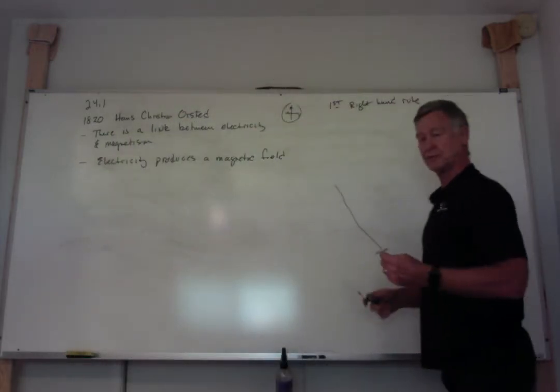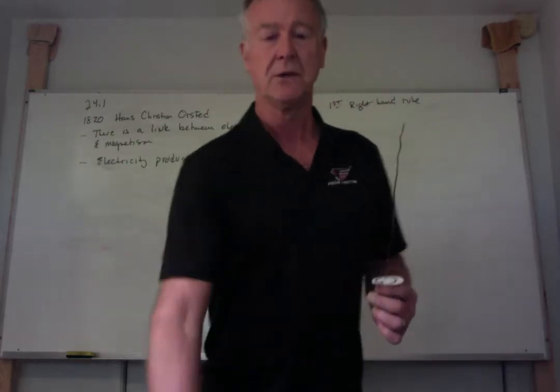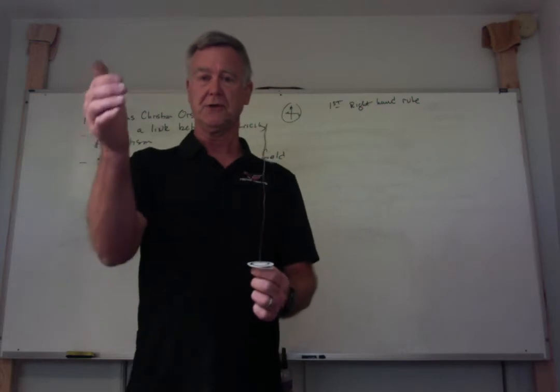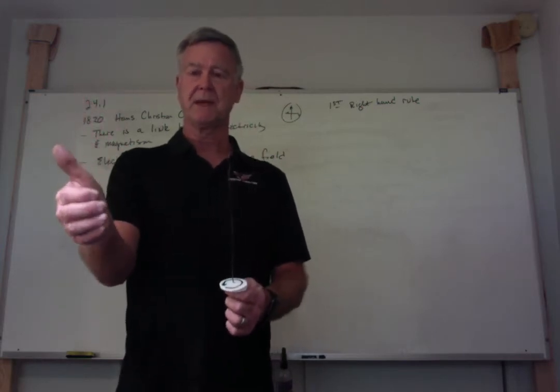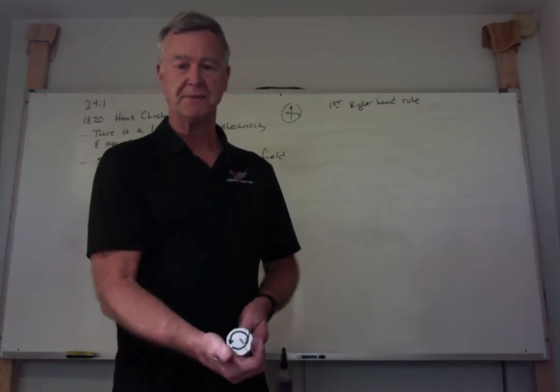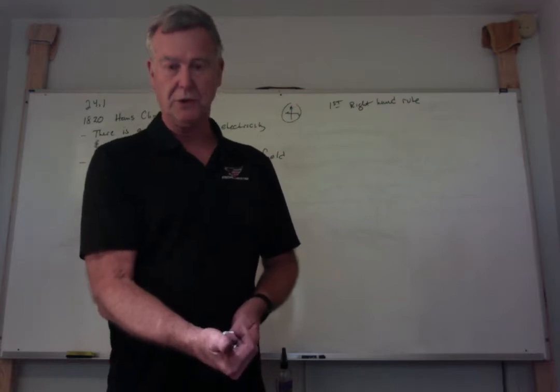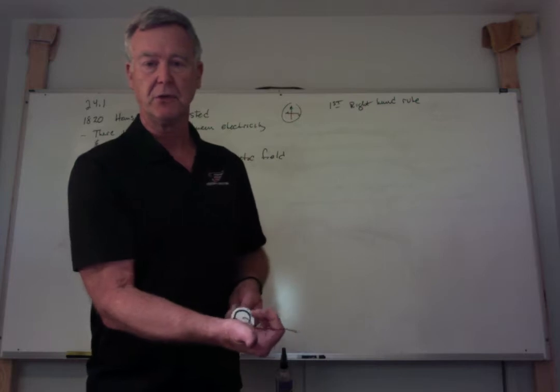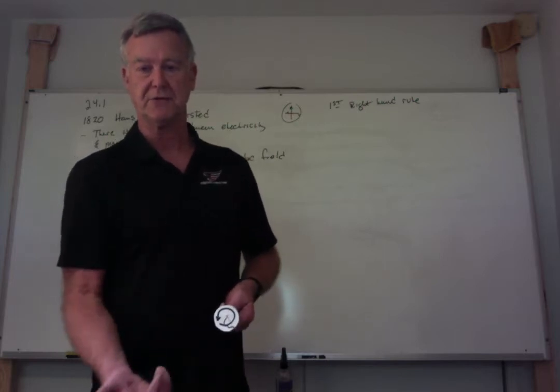The first right-hand rule says this: we take a current-carrying wire, you grab it with your right hand, and you grasp that wire with your thumb in the direction of current flow, and your fingers will represent the magnetic field. I don't know if you can see that.